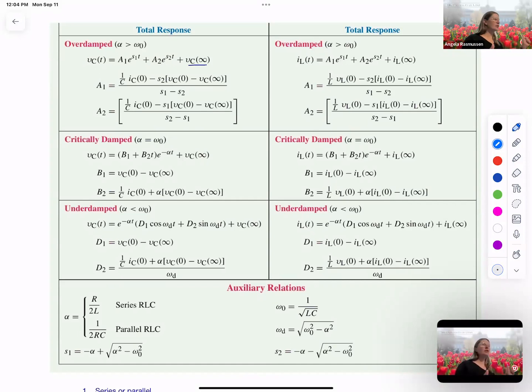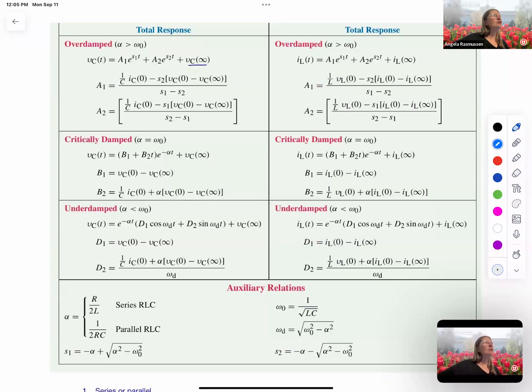What is the trick that you need to be careful about for initial values? If I'm in, for example, a critically damped series connection, I need to find IC(0). What stage is that going to be? That's the transient state, right? The 0 plus.